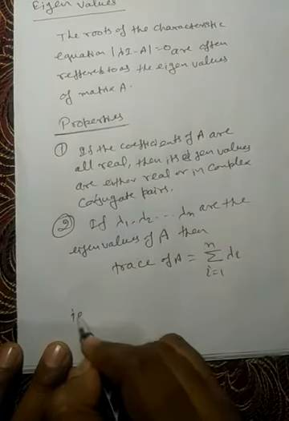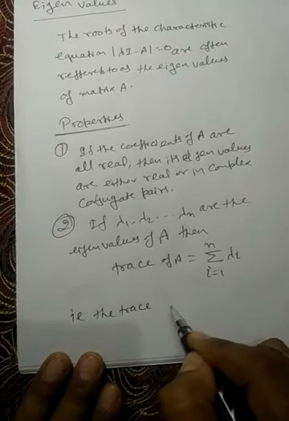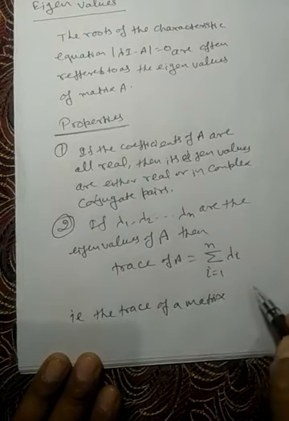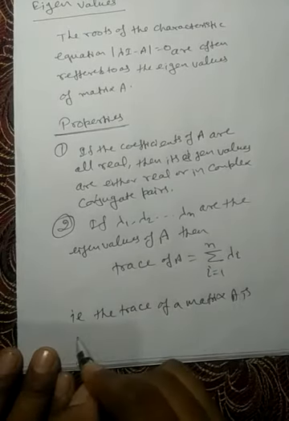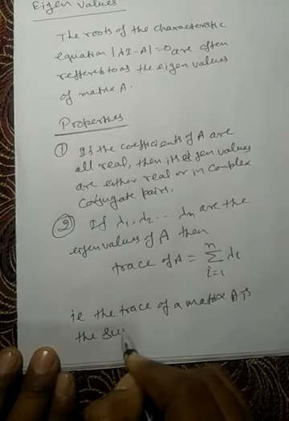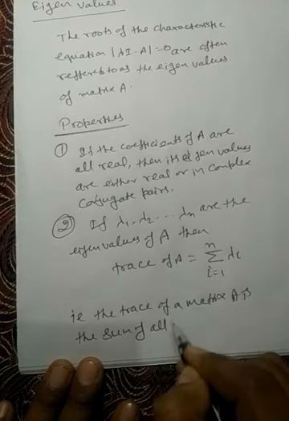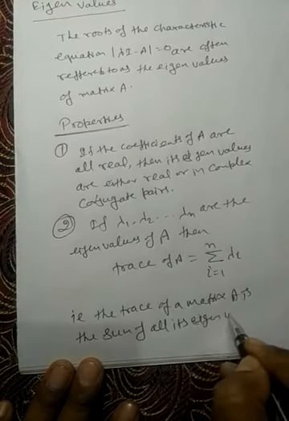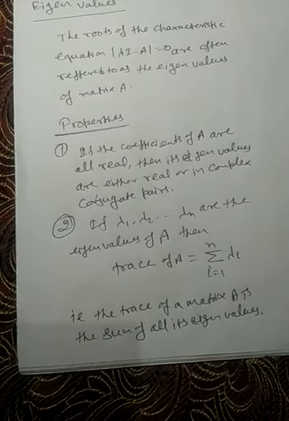That is, the trace of a matrix A is the sum of all its eigenvalues.